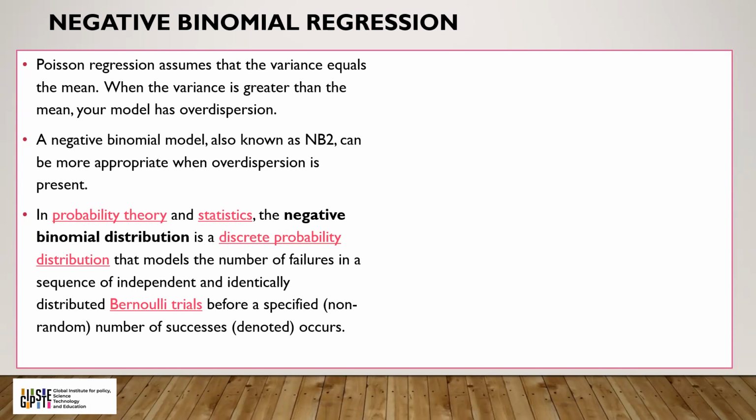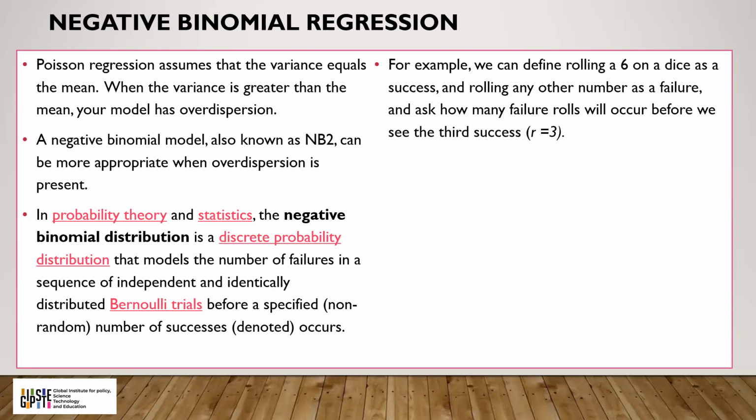So with Bernoulli trials, you have two possible outcomes: whether the thing occurred or it did not occur. And that is how the negative binomial model follows. For example, we can define rolling a 6 on a die as a success and rolling any other number as a failure.